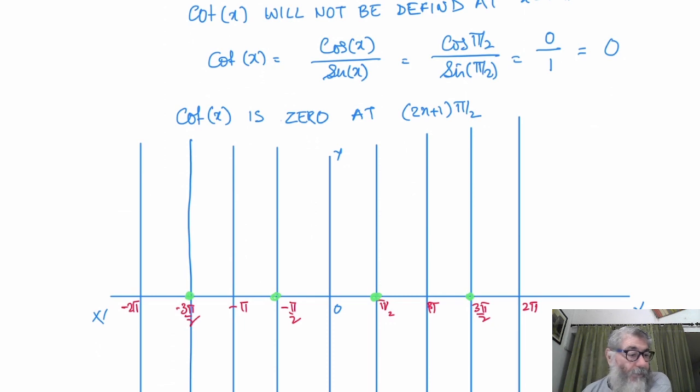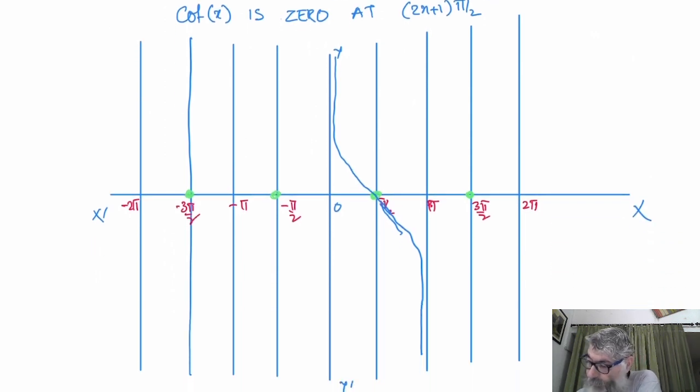So it's going to start from here. It will come down like this, pi by 2, and it will go like this, right? Similarly, it will start from pi, and similarly it is going to start from here.